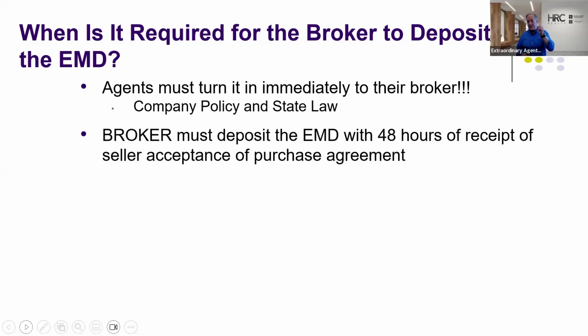So when the broker receives an earnest money deposit, the broker must deposit it within 48 hours of receipt of the seller's acceptance of the purchase agreement. So if you ever have one mailed to you, we should be holding on to the envelope and keeping it as part of the file.